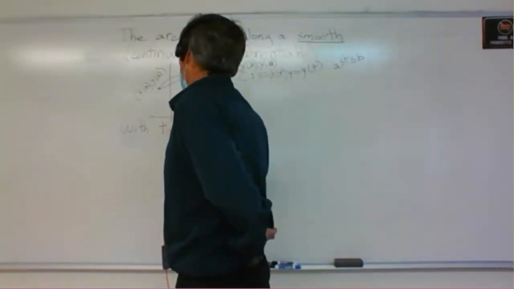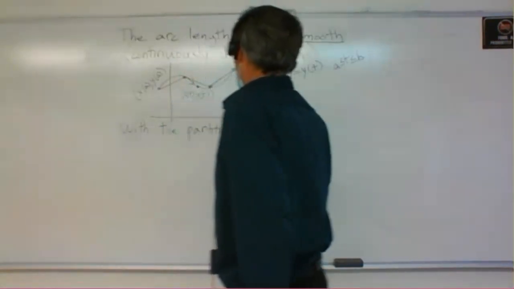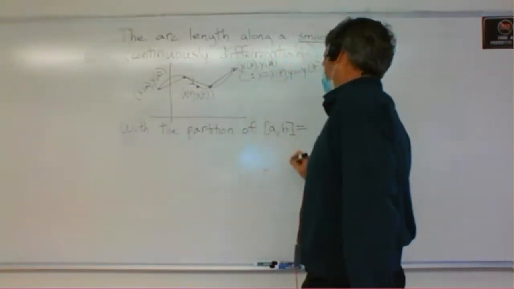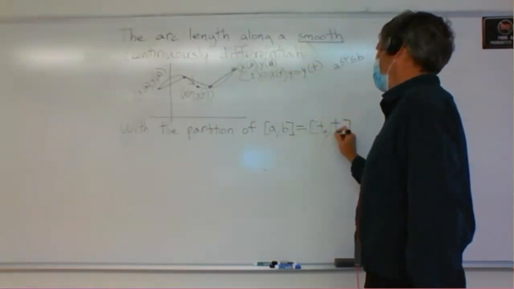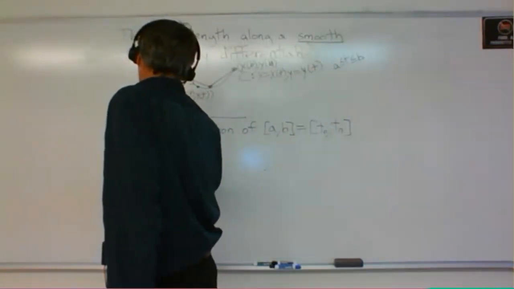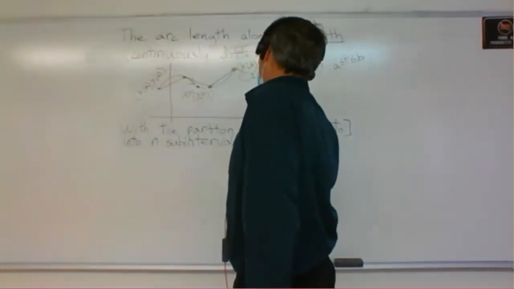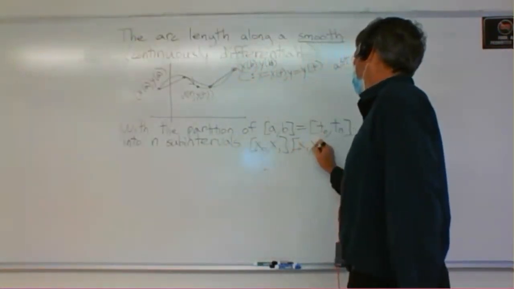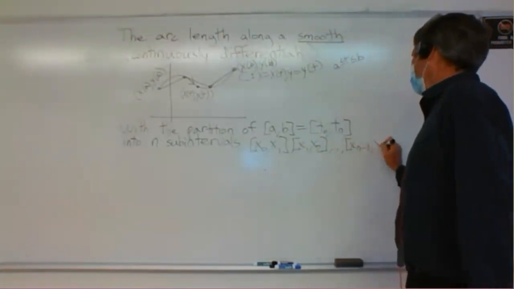With the partition of the interval AB into n pieces, suppose I let t0 equal A and tn equal B, and I break it up into n subintervals, x0 to x1, x1 to x2, x2 to x3, and so on up to xn minus 1 to xn.